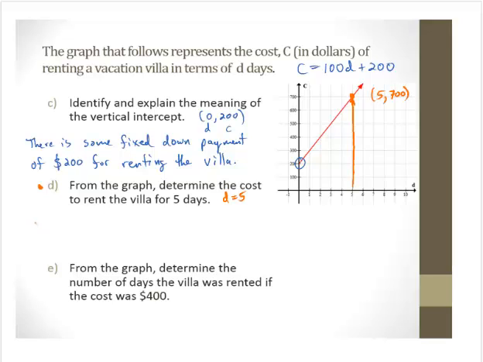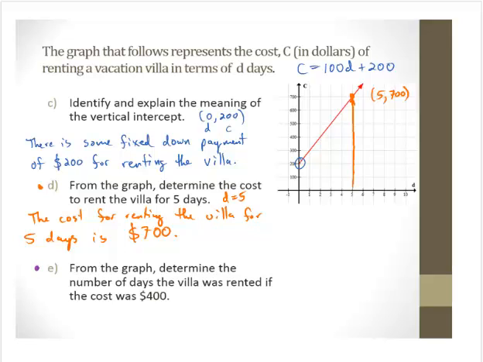So my conclusion, the cost for renting the villa for 5 days is $700.